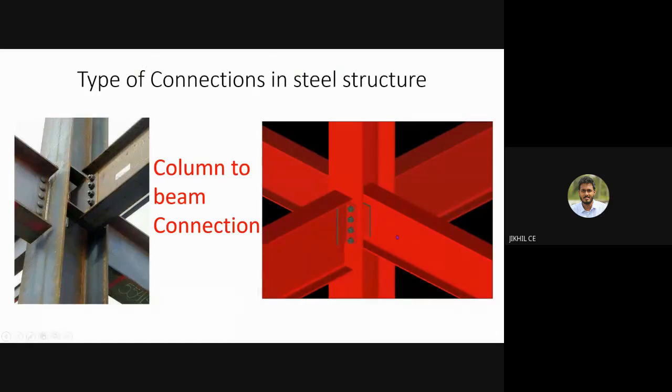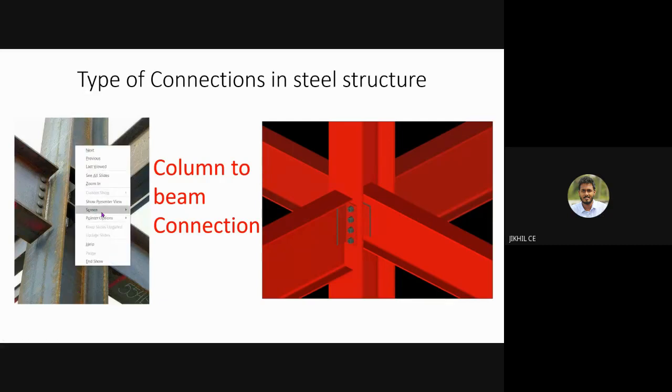The various places where you need connections in steel structures include the beam to column connection. So you can see a column here, and the beams.